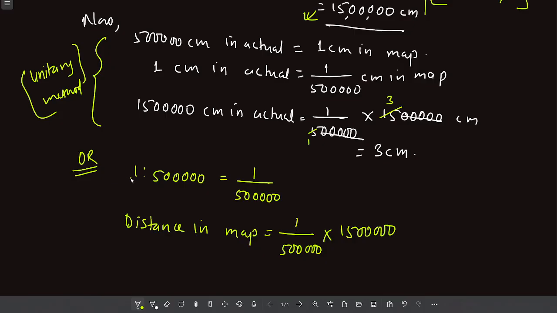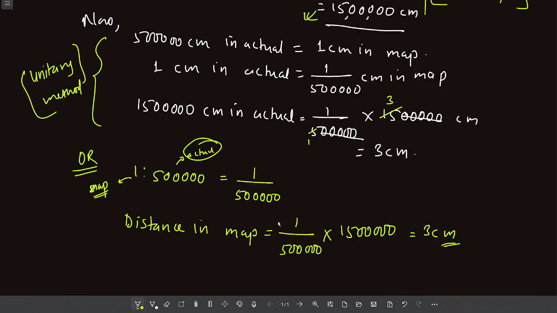So 1 is the scale for map, and this is actual. So whenever you are converting into map, then this map should be the numerator and actual should be the denominator. This ratio or this fraction should be multiplied with this actual one, and it gives 3 centimeter, which is the length for the map.